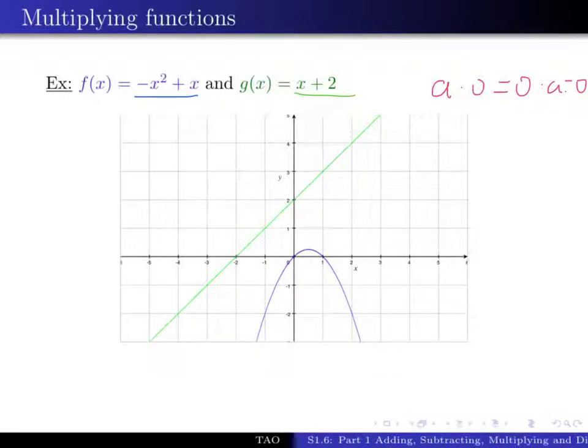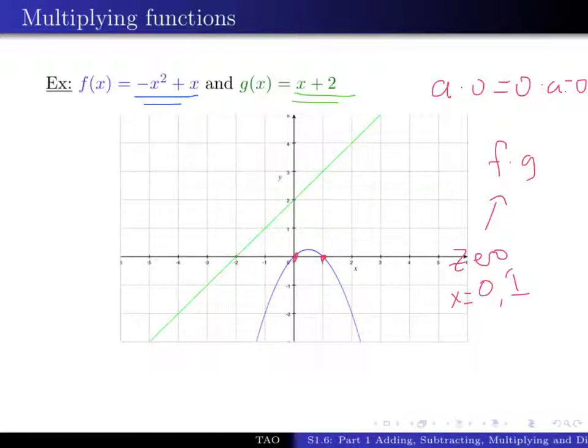So if either one of these functions, our f or our g, are 0, the multiplied thing has to be 0. So our f times g, we know that it has to be 0 at 0. It has to be 0 at 1, because those are the zeros we get from x.